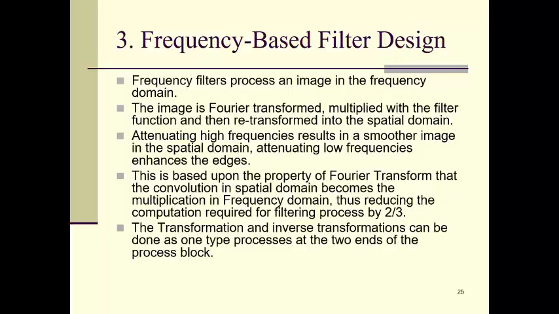And here we say that the transformation and inverse transformation, of course, need to be done as one type of process at the two ends of the process block. First, make the transformation, and at the end, make the inverse transformation. And in between, I will make the multiplication.